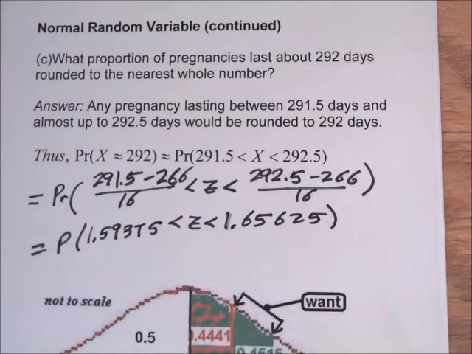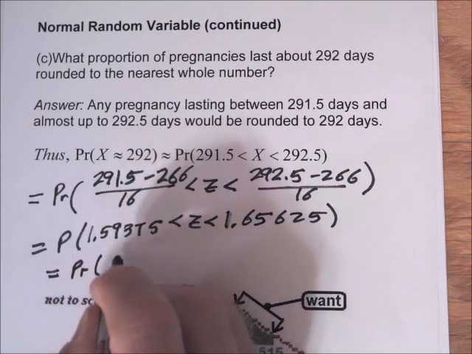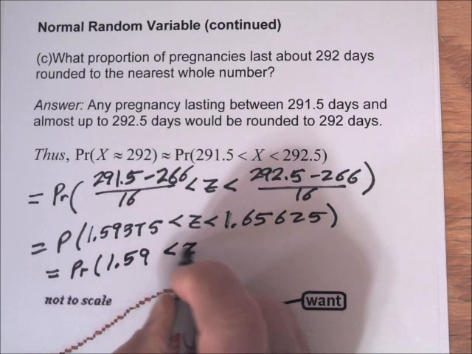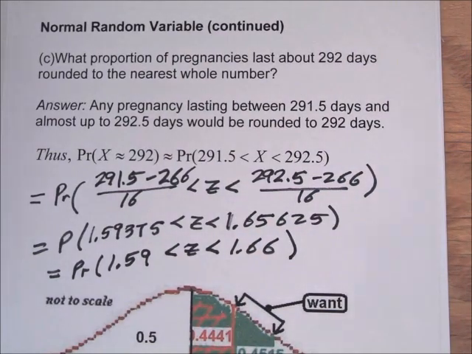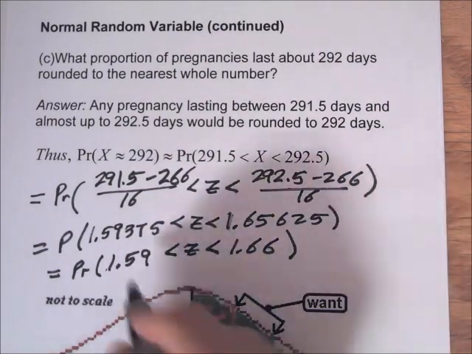Again, if you're using technology, you can keep all these digits, and they'll give you a more precise answer. Our table only has z-scores to two digits after the decimal point. So if we round these off, we get the probability that Z is between 1.59 and 1.66. And then we look in row 1.5, column 9.